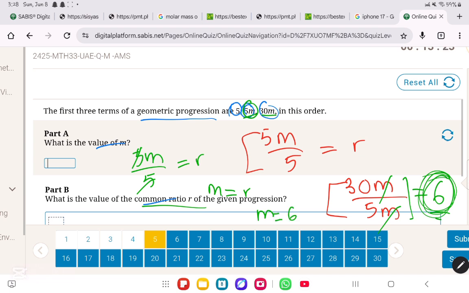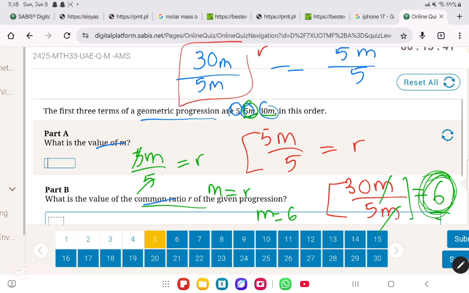Another way of doing it is to find the common ratio by doing 30m over 5m, which is equal to 5m over 5. And you will be able to find the value of m. Why? Because 30m over 5m will give us the value of the common ratio, and 5m over 5 will also give us the value of the common ratio. So this will be 6. 6 is equal to 5m over 5.